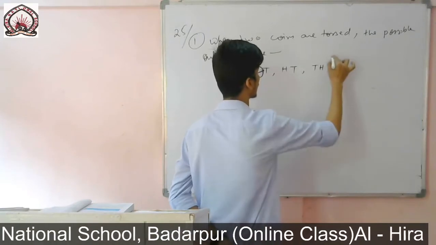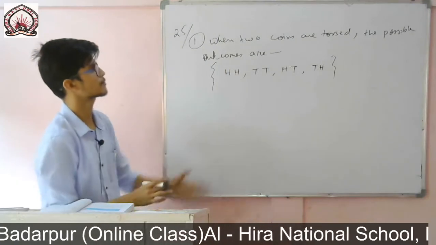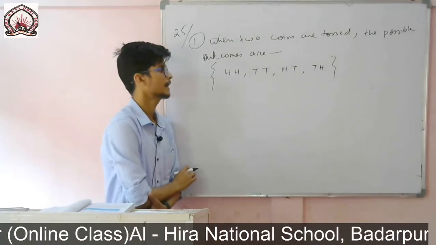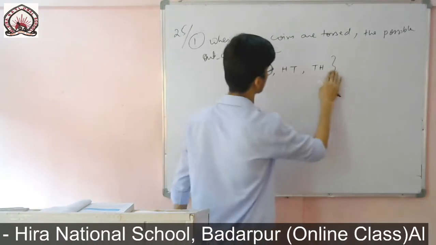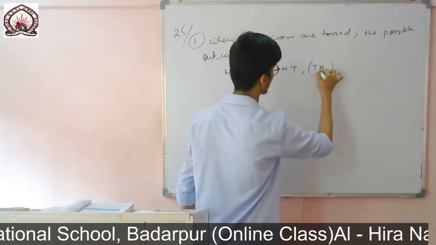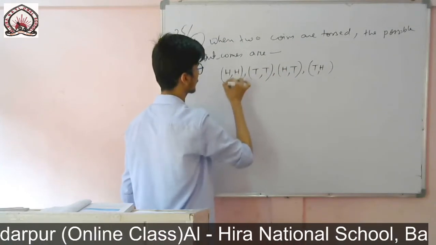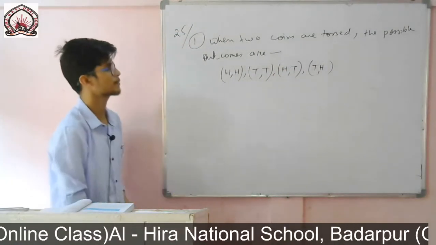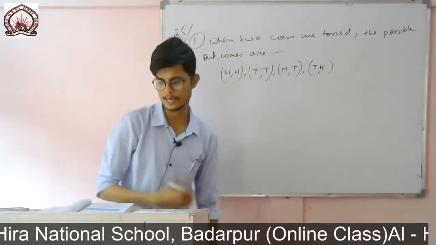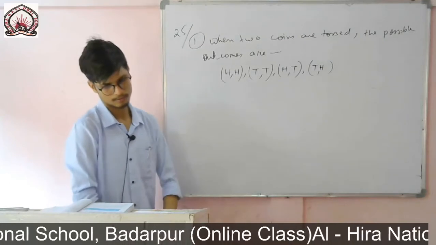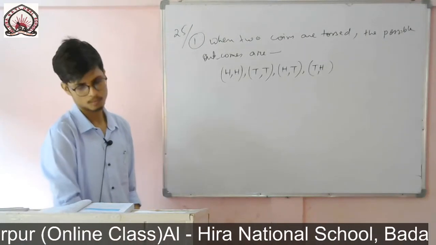So these are the total possible outcomes: (head, head), (tail, tail), (head, tail), (tail, head). So how many? 1, 2, 3, 4, but here written 3. So it is wrong, and the probability given is 1 by 3.